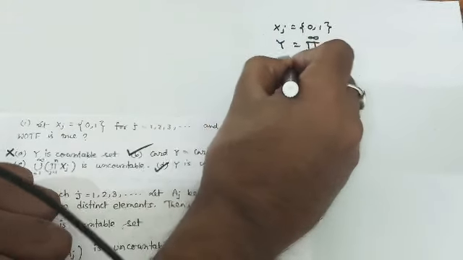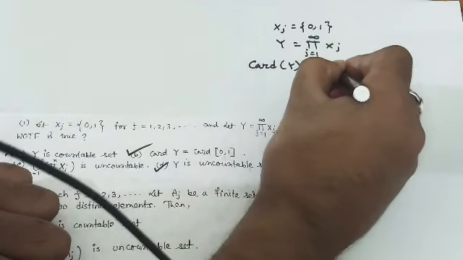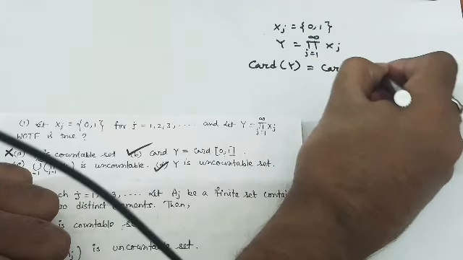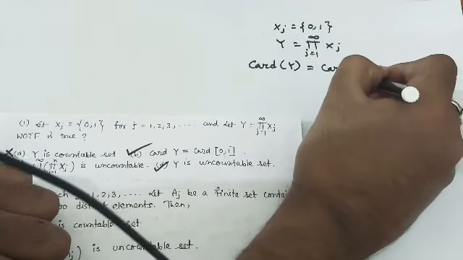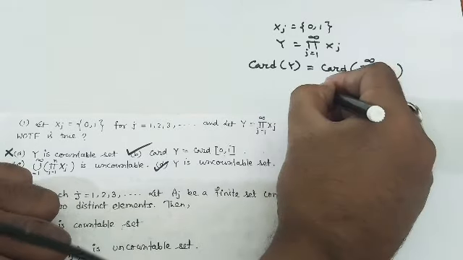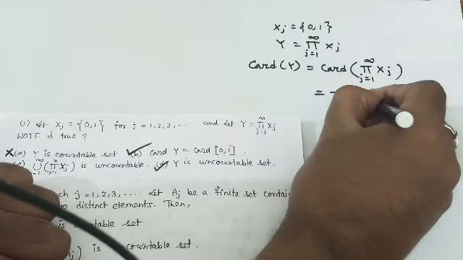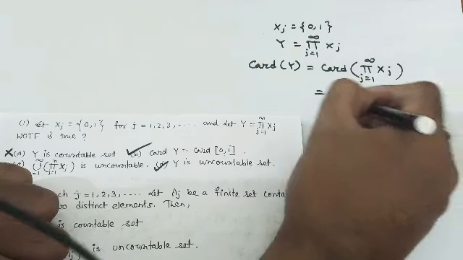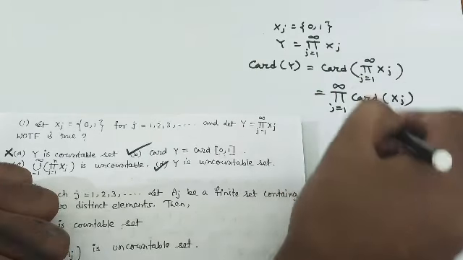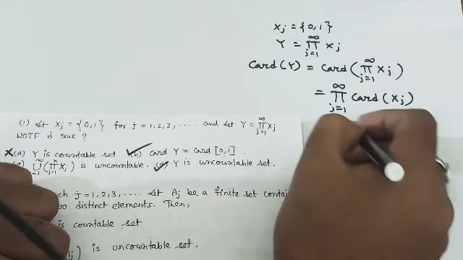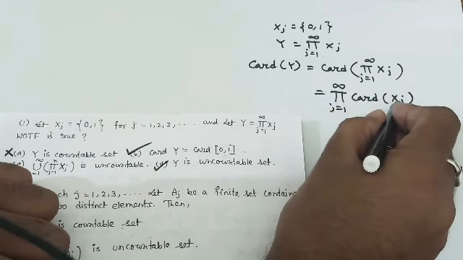The cardinality of Y is the cardinality of this product set, which is nothing but the product of the cardinalities of all these Xj's, j from 1 to infinity. And what is the cardinality of Xj?